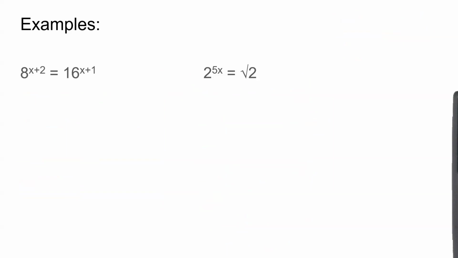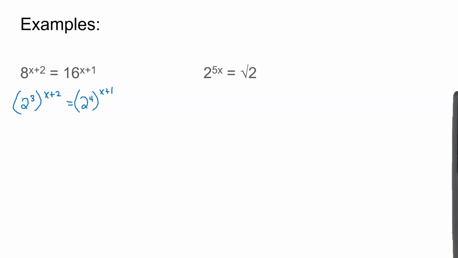But there is this handy little trick. Check this out. What if I rewrite 8 as 2 to the third, and then that is raised to the x plus 2, and 16 would be 2 to the fourth, raised to the x plus 1.